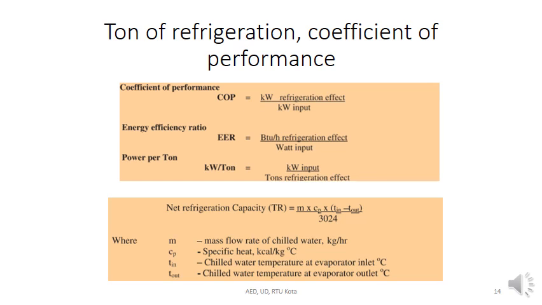These are the expressions: coefficient of performance is the refrigerating effect divided by input; energy efficiency ratio is also refrigerating effect by input, which is in watts, the power consumption; power per ton is also input by the refrigerating effect. The important expression is the net refrigerating capacity, which is m Cp delta T. Here m is the mass flow rate of chilled water if it is a water chilling plant, Cp is the specific heat at constant pressure, and delta T is the difference between chilled water temperature at evaporator inlet and evaporator outlet.